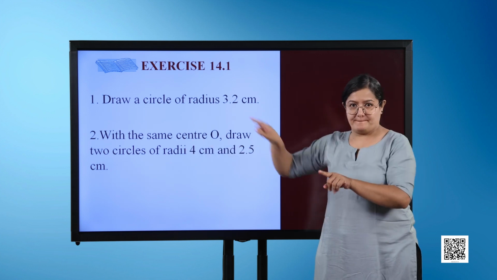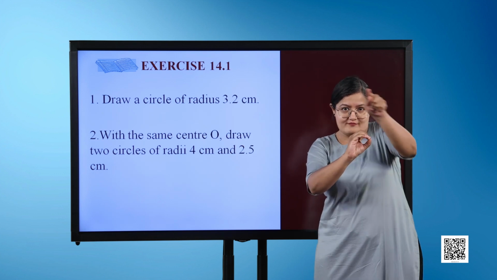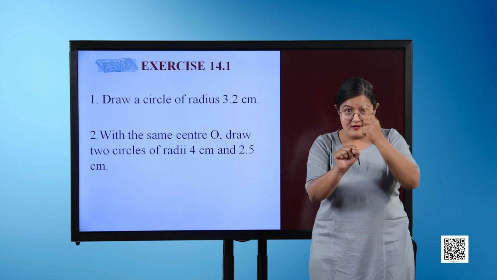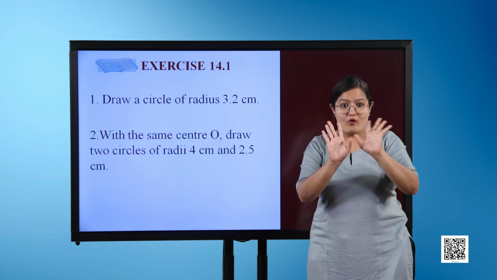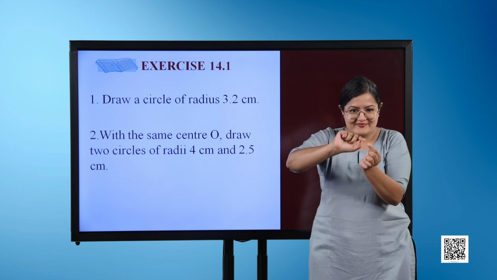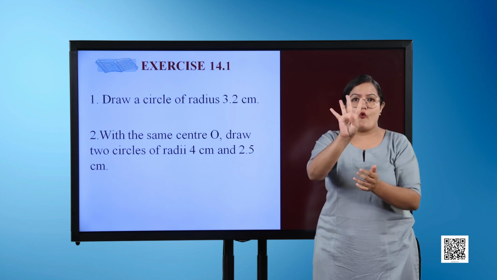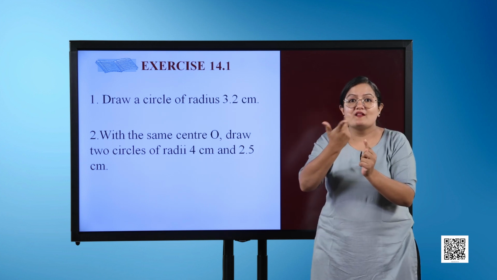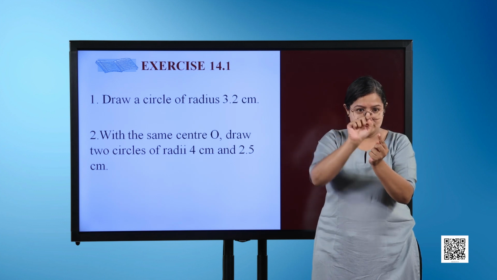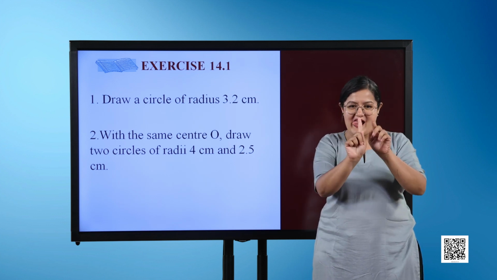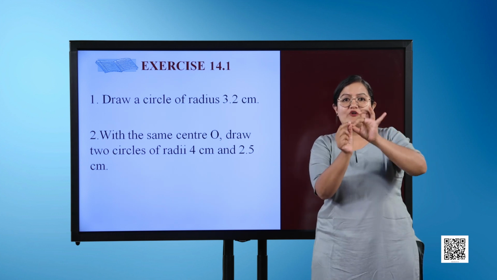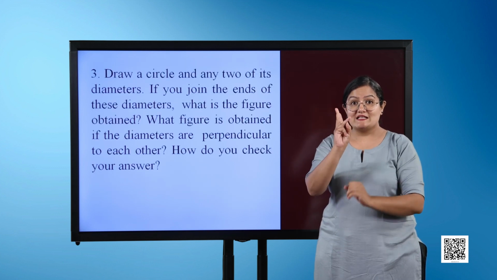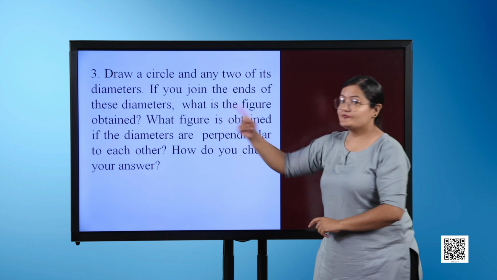With the same center O, draw 2 circles of radii 4 centimeters and 2.5 centimeters. 3. Draw a circle and any 2 of its diameters.